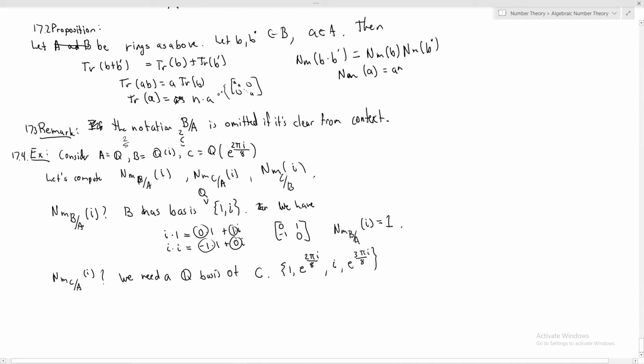I know this space has dimension 4 over Q, so it suffices to show that these span as Q vectors. So to prove this is a Q basis, I guess there are two claims here.